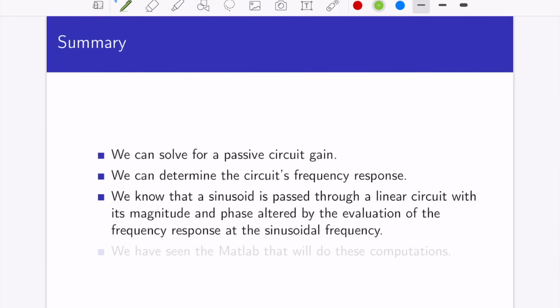We also talked about the fundamental theorem of electrical and computer engineering, which says that a sinusoid passed through a linear circuit has its magnitude and phase altered by the frequency response at that particular frequency. And I didn't do it for you, except I showed you some plots, but MATLAB will do these computations for you.